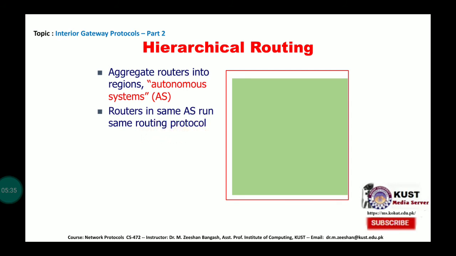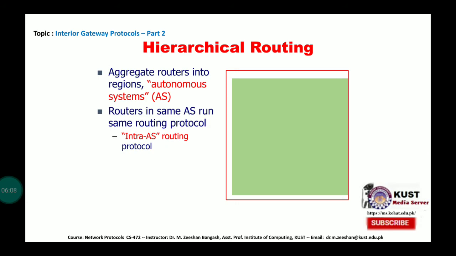So for this autonomous system, there is administrative autonomy. For the challenge we talked about in the last slide, that in a large network administrative autonomy is not possible, in the case of hierarchical routing, when we divide the whole region into different autonomous systems, administrative autonomy is possible. That will help to better manage and control the region for which that administrator has that domain.